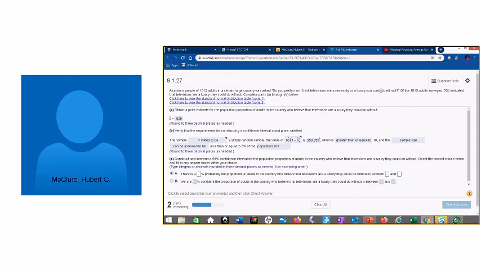And it all depends on, it says do without. Do you pretty much think television is a necessity or a luxury you could do without? 534 indicated that television is a luxury they could do without. So it's a luxury they could do without. I'm looking for the difference here.